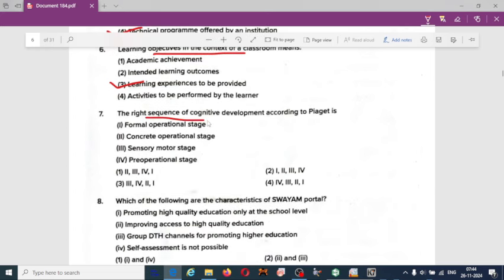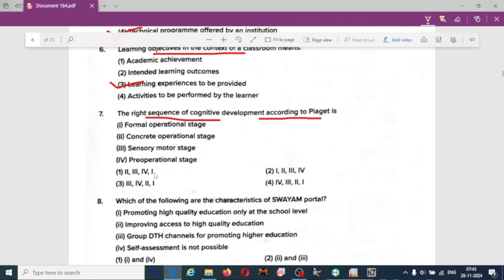Next question, the right sequence of cognitive development according to Piaget is: formal operational stage, concrete operational stage, sensory motor stage, preoperational stage.